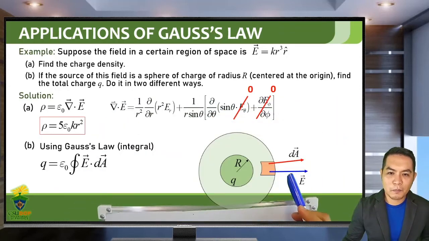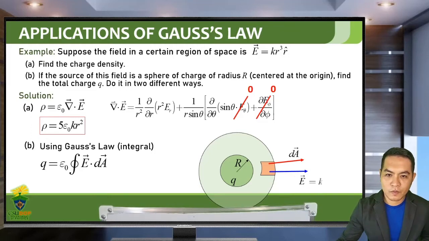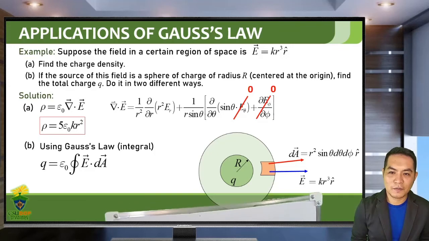This will be our basis here. Our electric field is given as K r cubed r hat, and our differential area vector is just the differential area vector for a sphere.